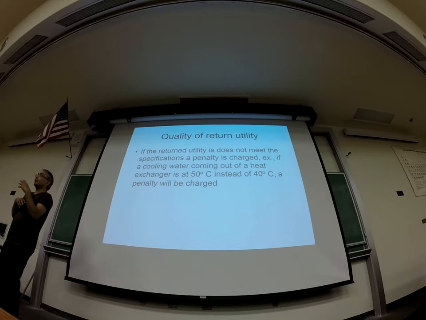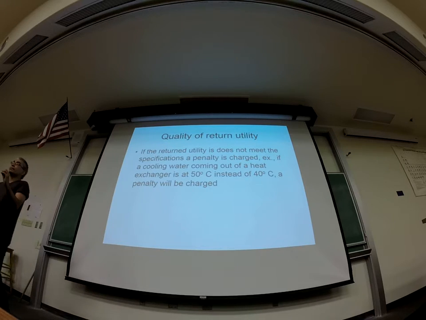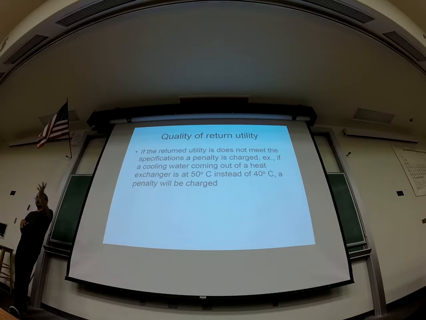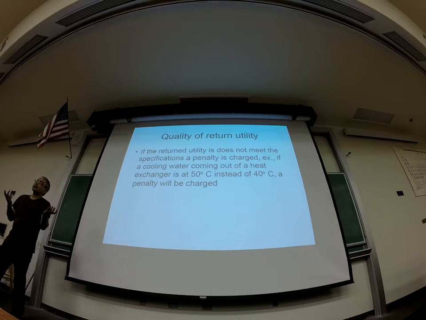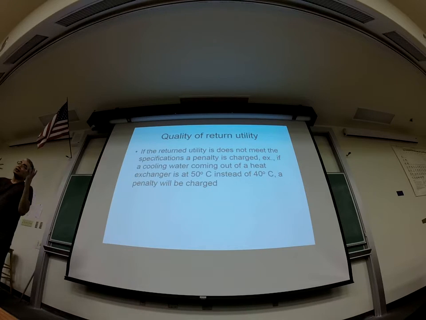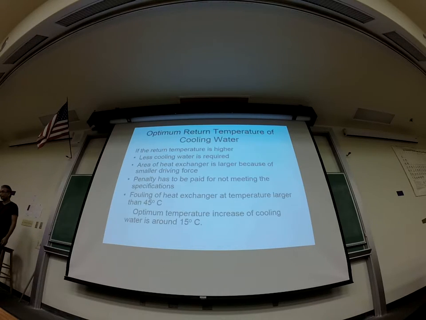So the net balance of all these pros and cons is that if you're using cooling water, you let your temperature increase roughly by 15 degrees Celsius. Okay? If you're using, of course, hot water, that is not relevant. In that case, you have to see what is the outlet temperature of your process stream, and you stay at least 10 to 15 degrees Celsius above that. Okay, so these are rules of thumb that you go by.